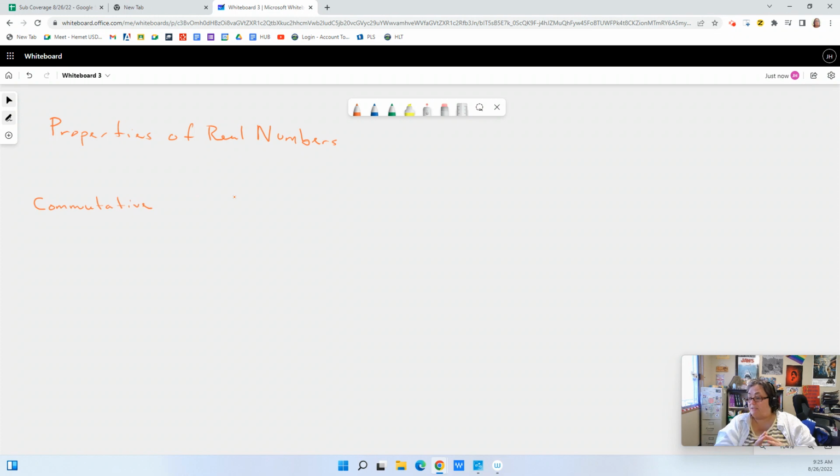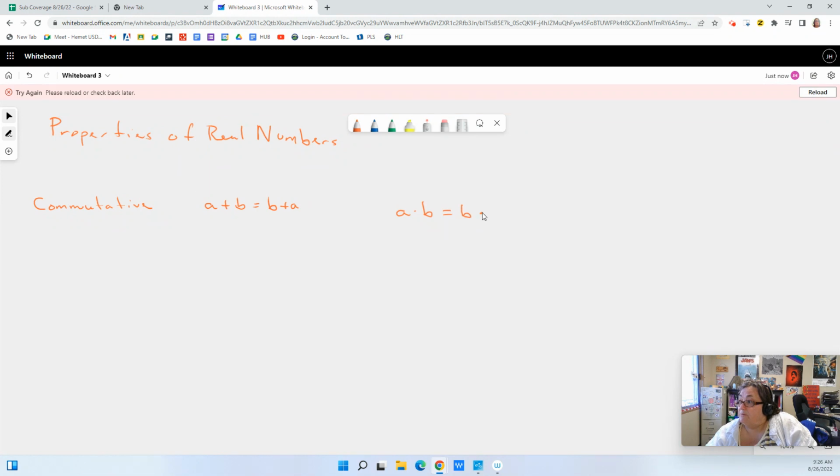The commutative property is all about order, right? It says that if I have A plus B, it's the same as B plus A. And that's in terms of addition, right? In multiplication, it would say that if I have A times B, it would equal B times A, right?